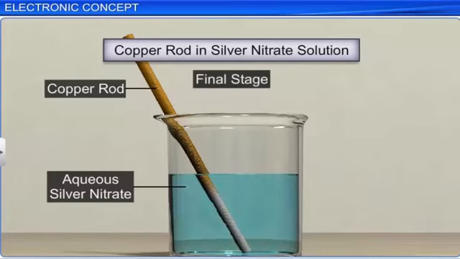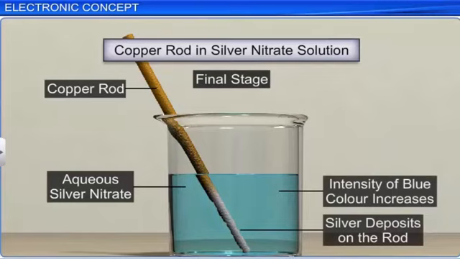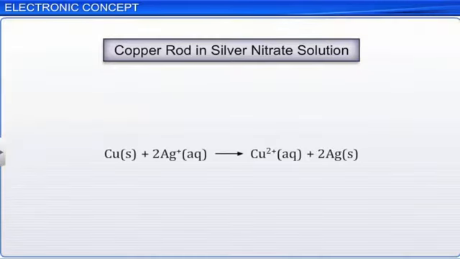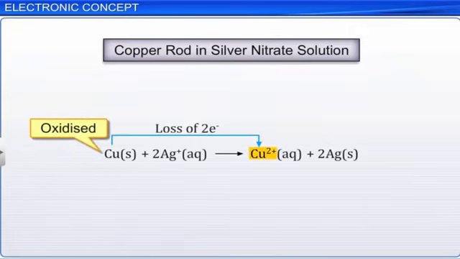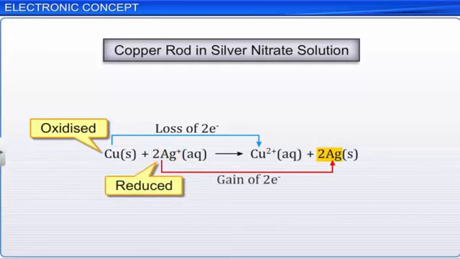We also notice the deposition of metallic silver on the copper rod. In this reaction, copper is oxidized to Cu2+ ion and silver ion is reduced to metallic silver. This shows that copper releases electrons to silver.